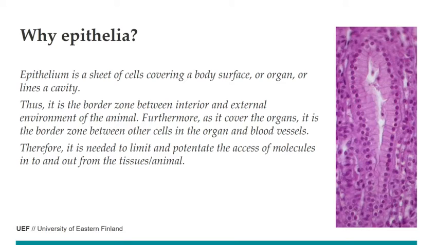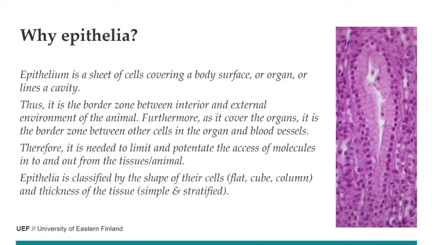But if the prey has a certain kind of epithelia that is limiting the access of this poison to the interior of the animal, then it's not affecting it. On the other hand, it's also to potentiate the access of molecules. So if we had a very tight epithelia everywhere, we couldn't get any food particles inside our body, etc.